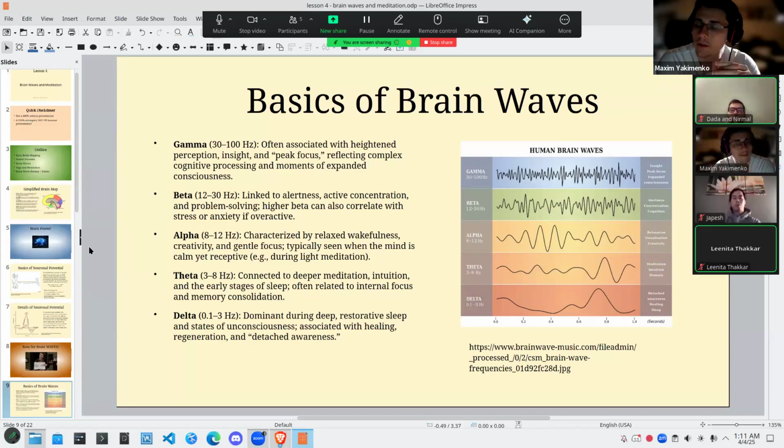Now, over time, we've accumulated a bit of an understanding of what waves correspond to what. For instance, here you have a very simple distribution of the nomenclature of each wave. Gamma waves are considered to be the fastest waves and are usually associated with your active engagement. They're usually the ones most frequently responsible for your conscious decisions, your conscious thoughts.